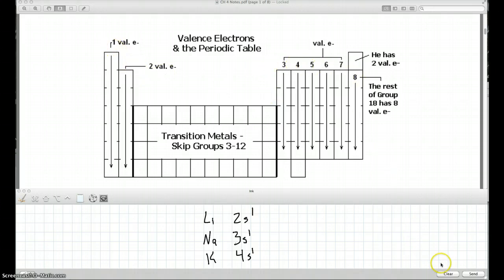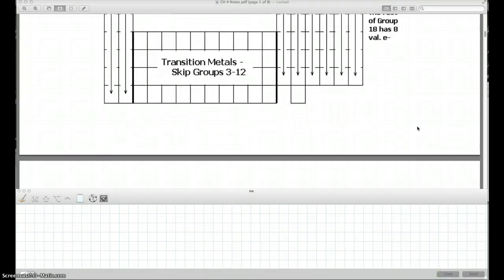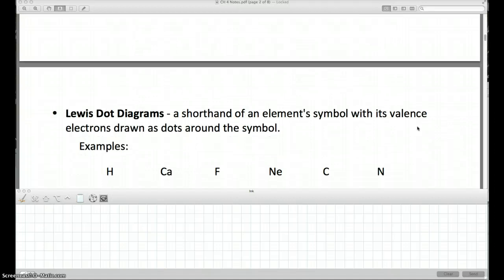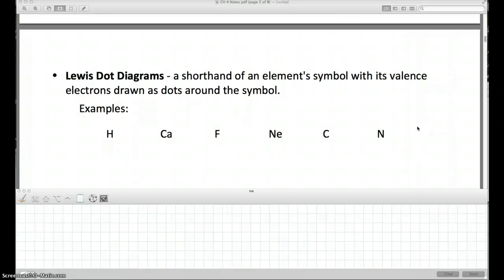You could write out all the electron configurations and see that pattern, but you can just take my word for it. That pattern works. Now we're going to use that pattern to draw these things called Lewis dot diagrams. You may have seen this in 9th grade, you may not have. It's not a big deal, you pick it up pretty quick.